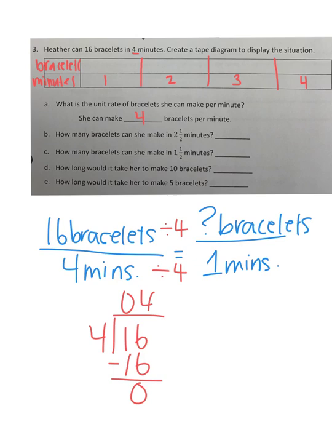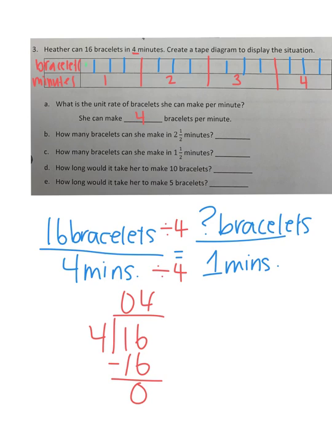Now we can go back up to our tape diagram and split each minute into fourths because she can make 4 bracelets per minute. So 1, 2, 3, 4 bracelets. There's my other 4. So now we need to number them to make sure we have enough.